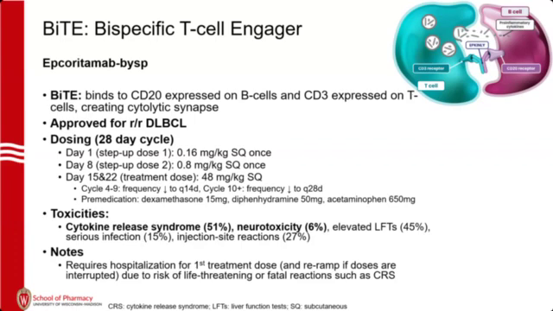These have black box warnings for cytokine release syndrome as well as neurotoxicity, and then major infections can happen in these patients as well. Dosing, I will call out, after cycle 3 can be decreased to every other week, and then cycle 10 and beyond, it can actually be reduced to once a month or every 28 days. So that is kind of a nice benefit for your patients who, again, want time away from us here in the healthcare setting.